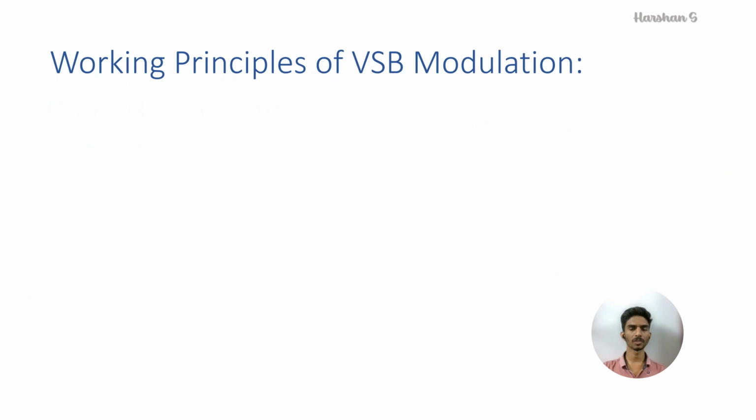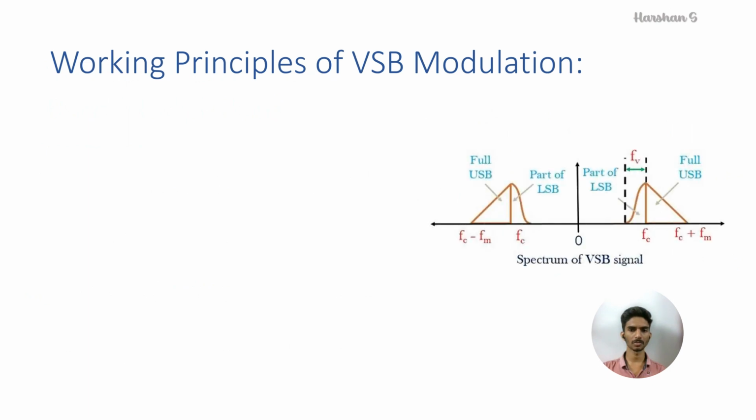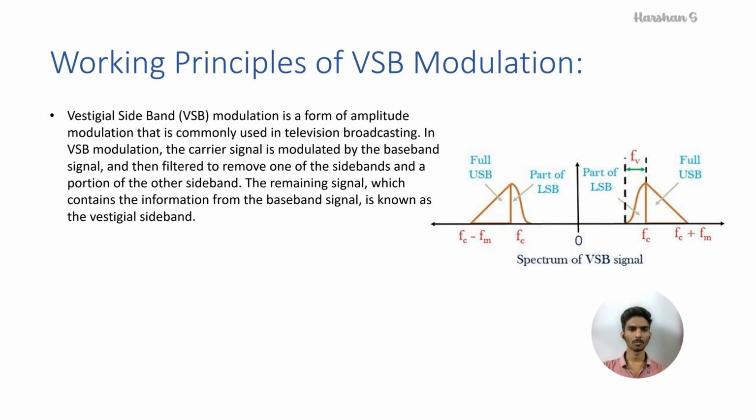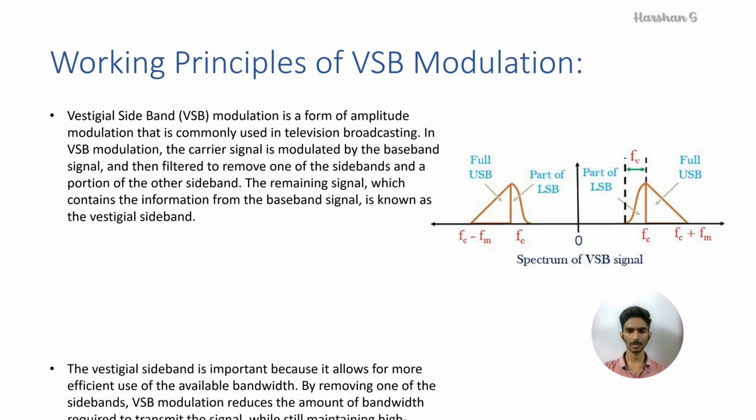Let us see the working principle of VSB modulation. Vestigial sideband modulation is a form of amplitude modulation that is commonly used in television broadcasting. In VSB modulation, the carrier signal is modulated by the baseband signal and then filtered to remove one of the sidebands and a portion of the other sideband. The remaining signal, which contains information from the baseband signal, is known as the vestigial sideband.